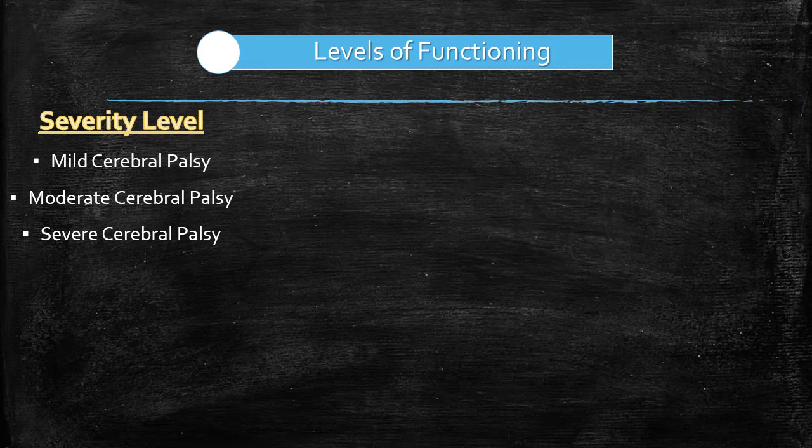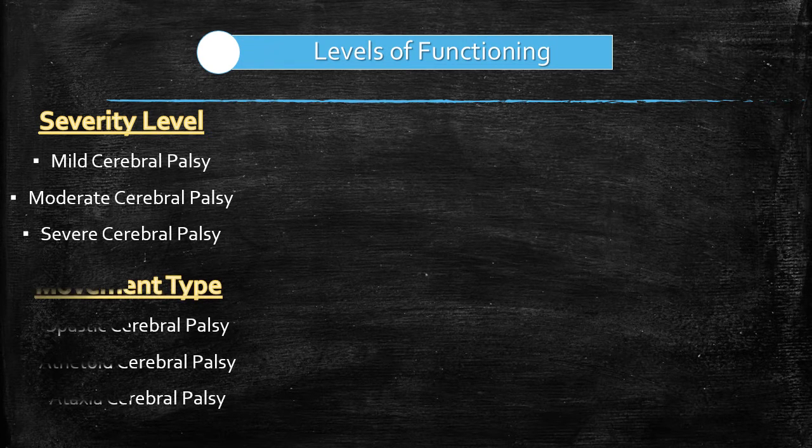A classification system that looks more closely at the type of actions that occur within someone with cerebral palsy is movement type. Spastic movements are seen as uncontrolled tightening or pulling of muscles. Athetoid movements are displayed as purposeless, uncontrolled, and involuntary. And ataxia movements are types of actions that are disrupted by impaired balance and depth perception.